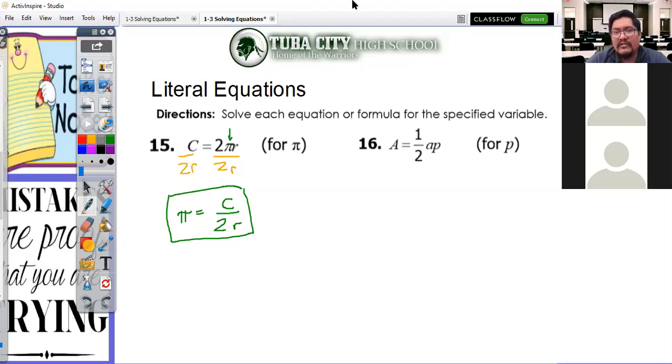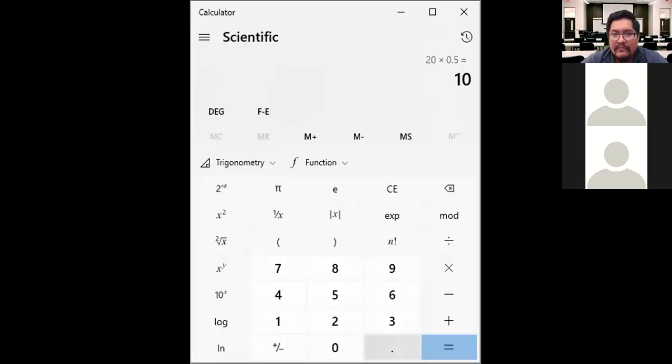So moving on to this one here, you want to get P by itself, which means this A and that half has to go. Now, we have 1/2 times, what does it mean when you 1/2 times something? Oops, still got the problem on there. So I want you to think of something.